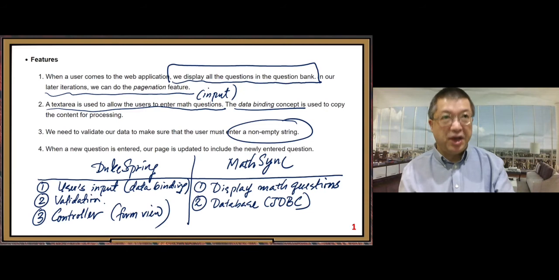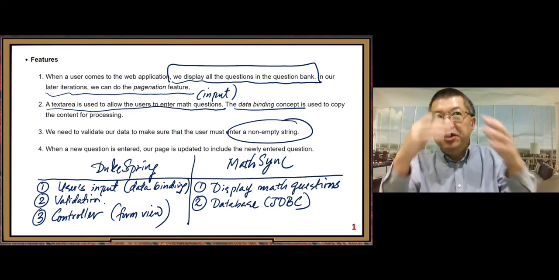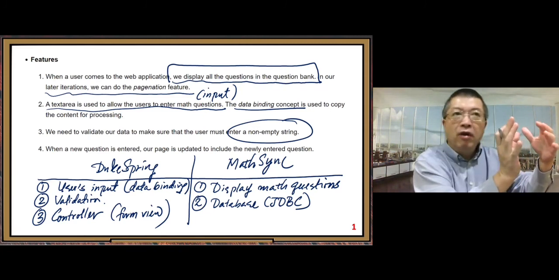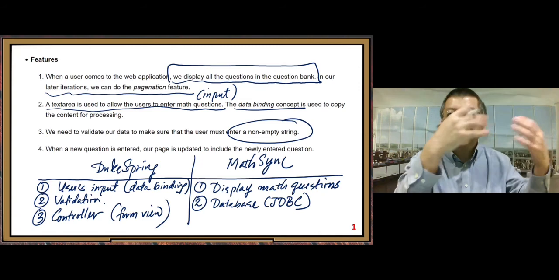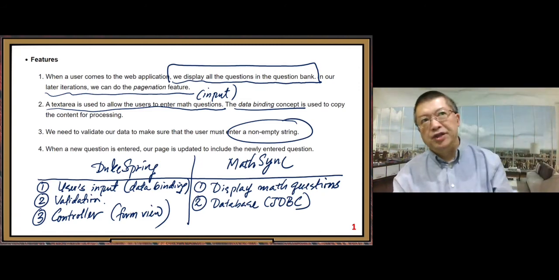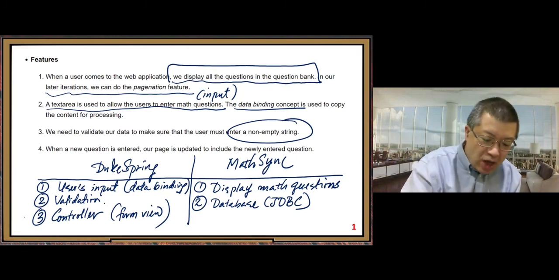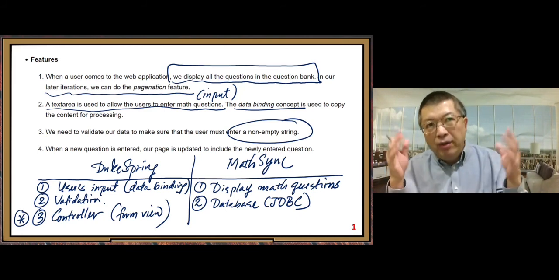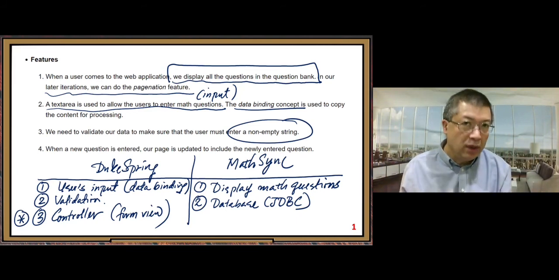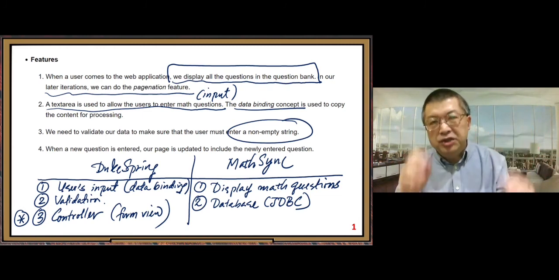Because after you complete all the processing, you go back to the original page. That's the form view. So your controller returns the form view. That part is also from the Duke Spring. So this step is a little harder. Although we borrow directly from Duke Spring, to understand the logic is a little harder.